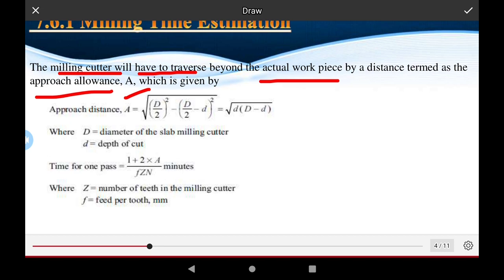Capital D is the diameter of the slab milling cutter, which is a large milling cutter, and small d is the depth of cut of the workpiece.